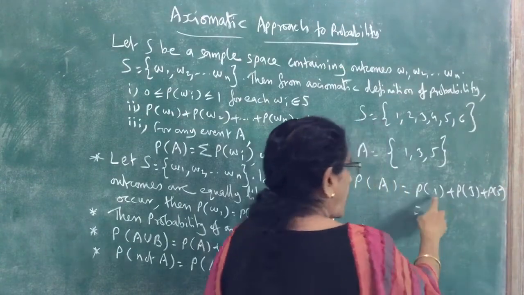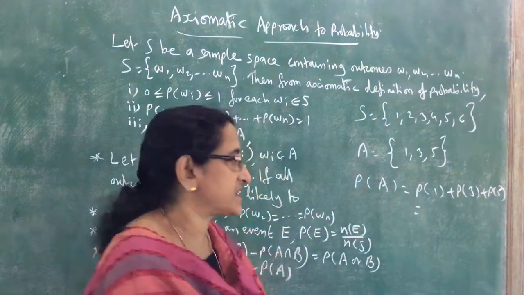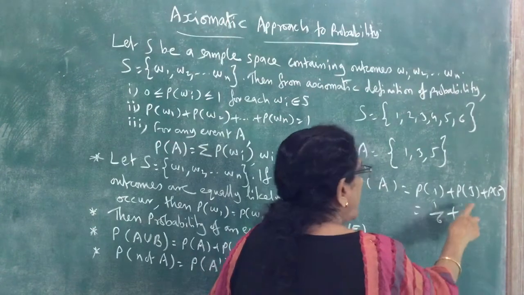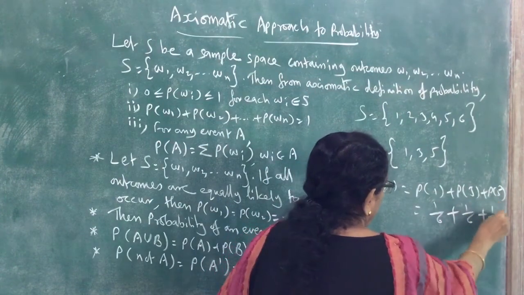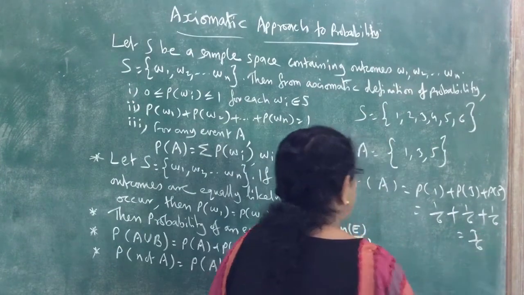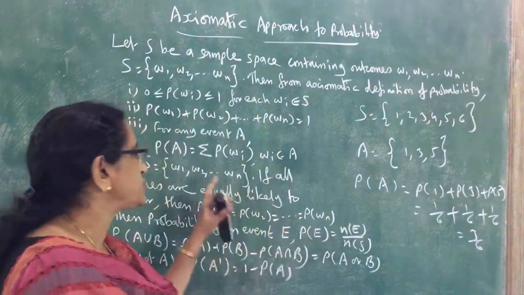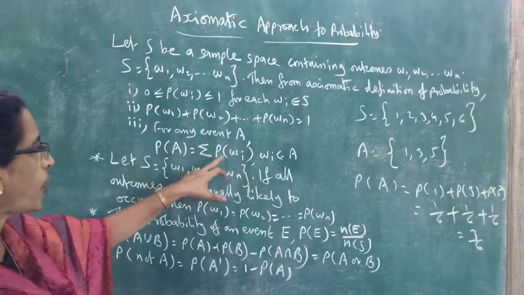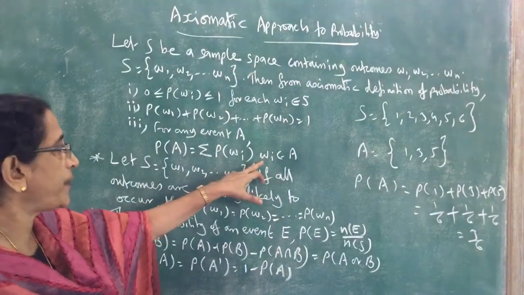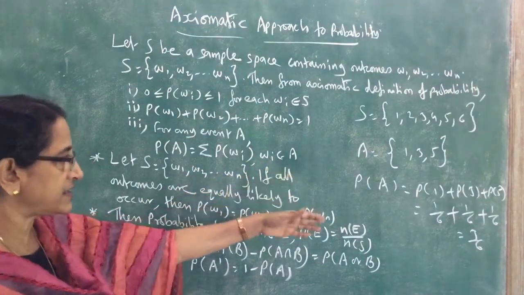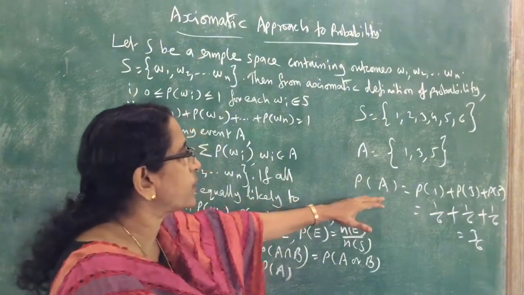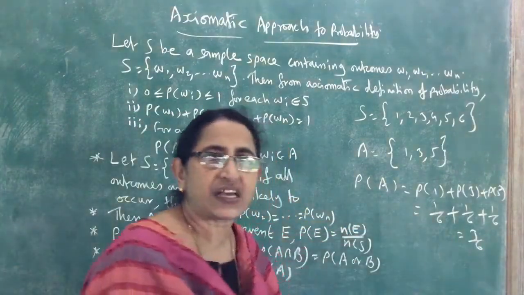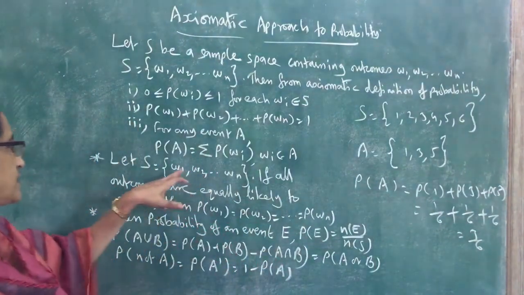Probability of getting 1 is 1 by 6, plus probability of getting 3, 1 by 6, plus probability of getting 5, 1 by 6, that is equal to 3 by 6. So probability of A equals 3 by 6, that is equal to 1 by 2. That is what the third condition says.